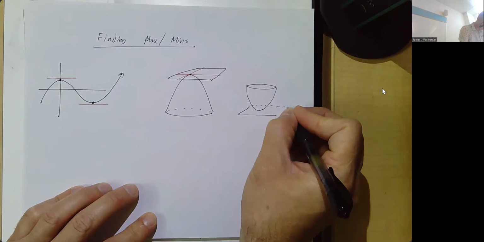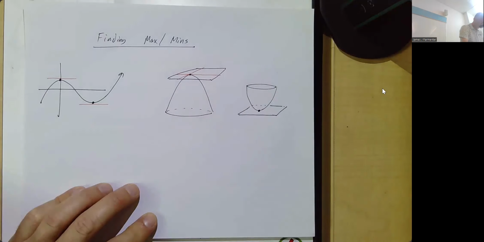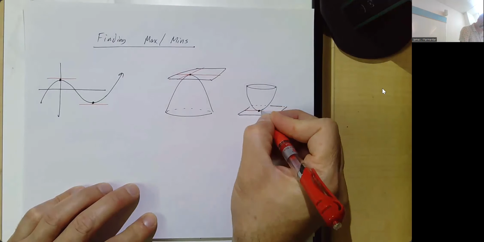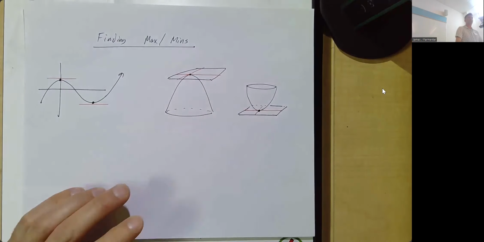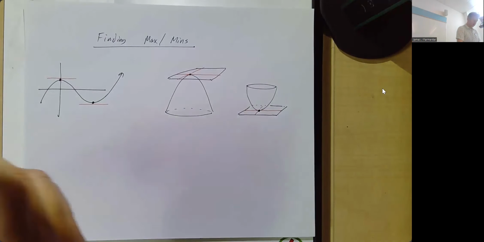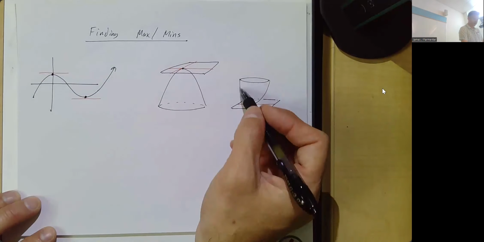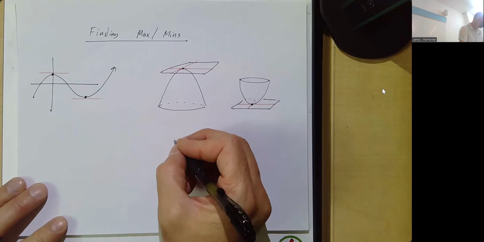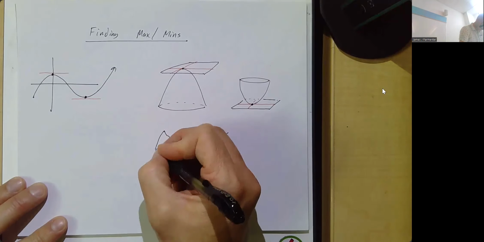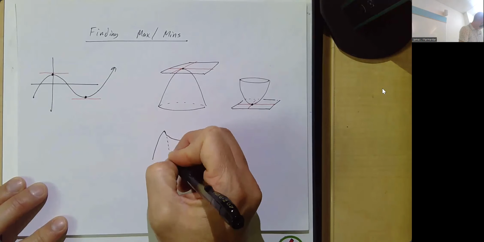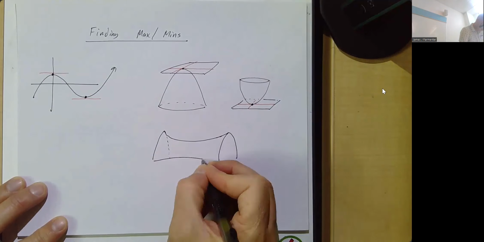I'm pretending like I can draw. At that point right there, the derivative in the y direction is 0. The derivative in the x direction is 0. I'm not great at drawing the shape, but I'm going to try my best anyway. So this is a downward opening paraboloid, this is an upward opening paraboloid. And then also you have this shape, which is called a saddle.